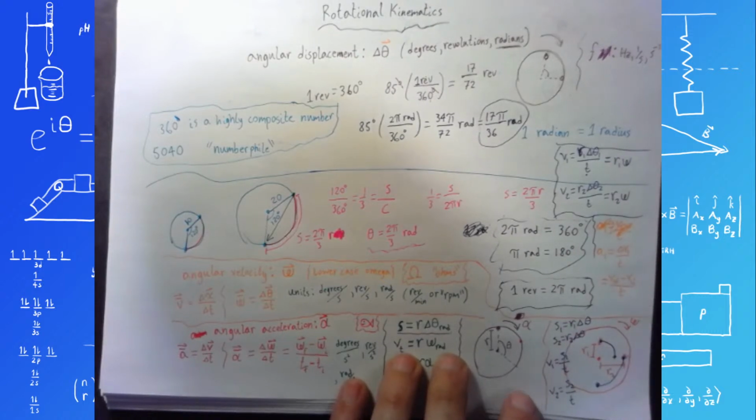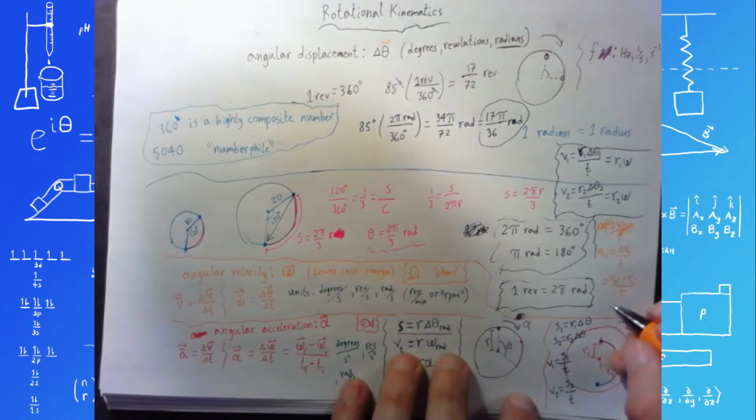V1 final and V1 initial, well, V1 we already proved is simply the radius times the angular velocity, so that's R1 times omega 1 final minus R1 times omega 1 initial.